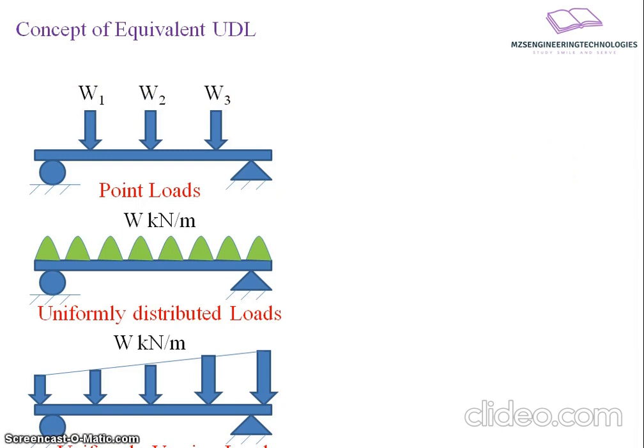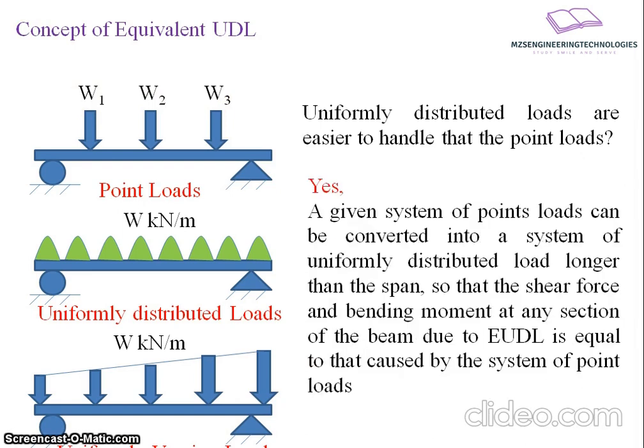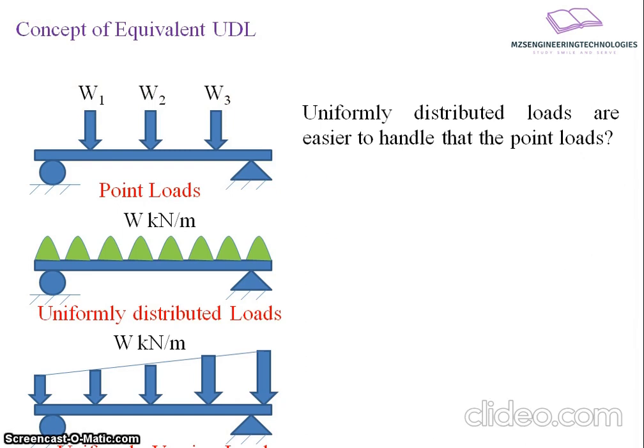So one may ask, can it be possible to represent the point load system as a uniformly distributed load system to have convenience in finding out the responses of the given loading system? The answer is affirmative, yes, this can be done with surety that the effects of this loading system will remain unaltered.